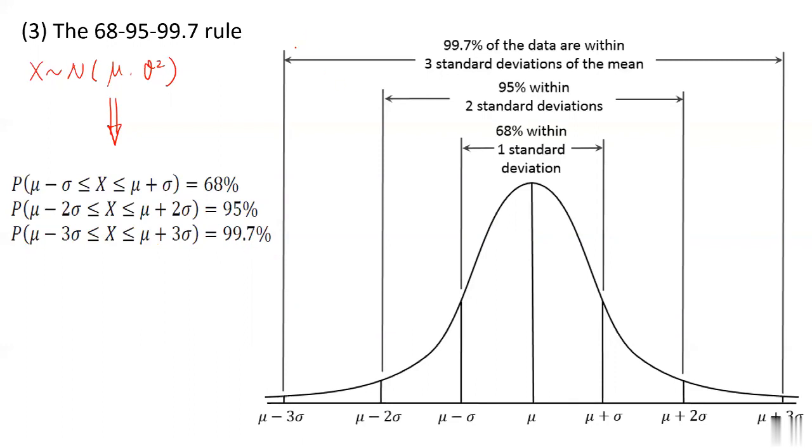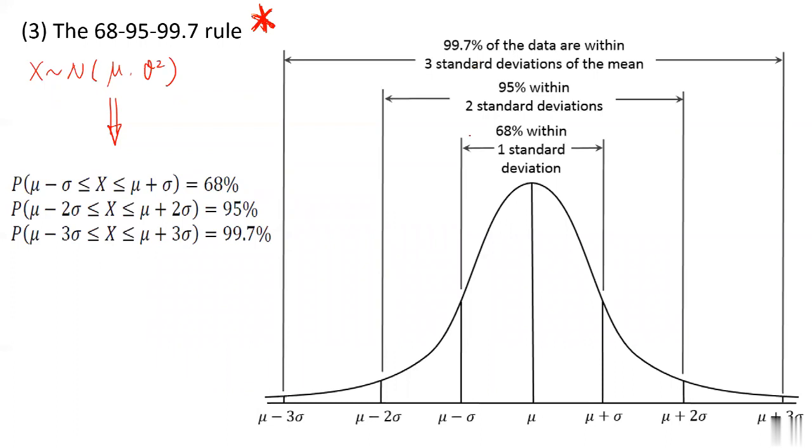And on the right-hand side, there's a diagram illustrating this principle. This is called the 68, 95, and 99.7 rule. This rule is very important in our everyday practical problems.